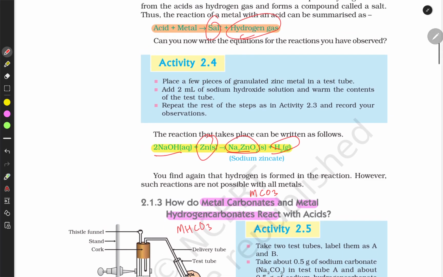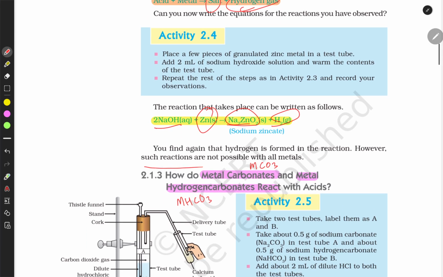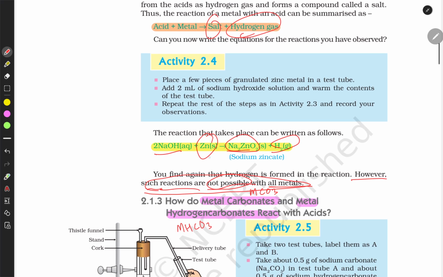However, not all metals react this way; such reactions are not possible with all metals. Generally, acids when reacting with metal form salt and hydrogen gas.